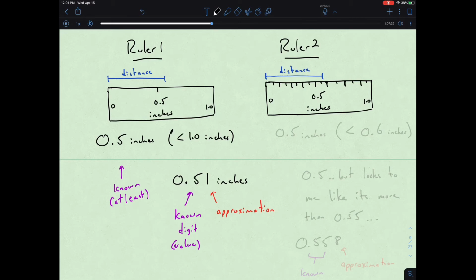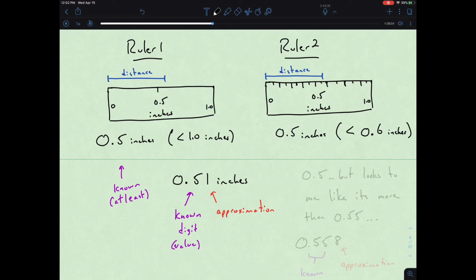With ruler 2, I also know it's 0.5 inches. I know it's past that, but I know it's less than 0.6 inches. And that's just because there's a greater level of accuracy within this ruler. I can measure quantities much more specifically.